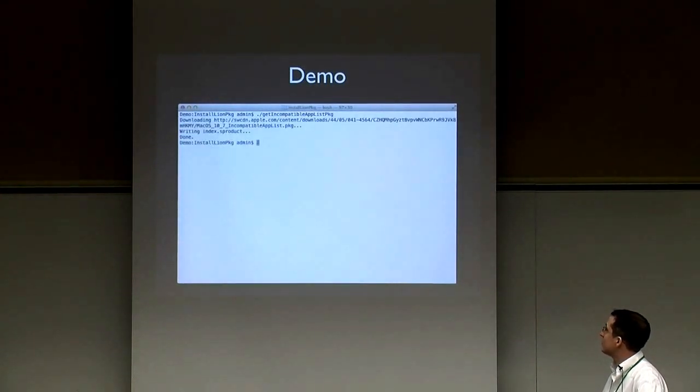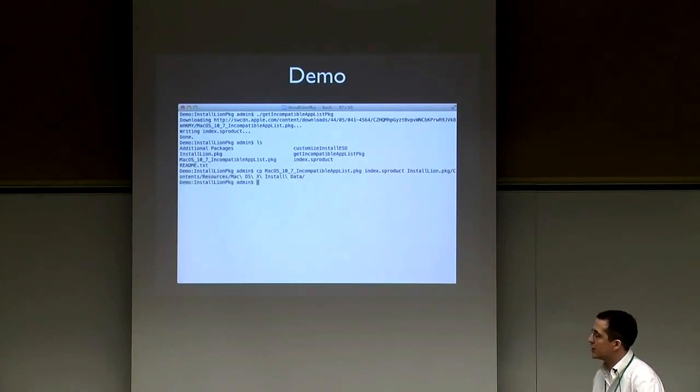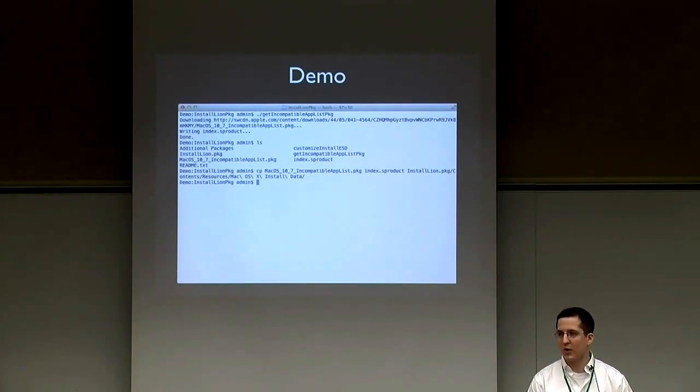It's going to download those two files, and then you're just going to copy them into the InstallLion package, into Contents, Resources, macOS 10 install data. And that's it. So when the installer runs, it's going to see that those are there and put them into their proper place.